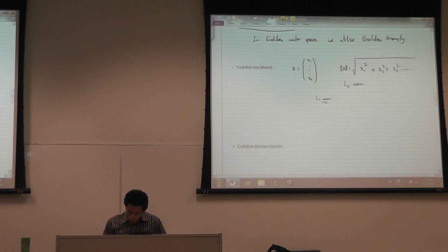Another norm: norm x is equal to the absolute value of x1 plus the absolute value of x2 and so on. This is a legitimate measure of the size of vectors. L infinity norm: norm x is equal to the maximum component of x.